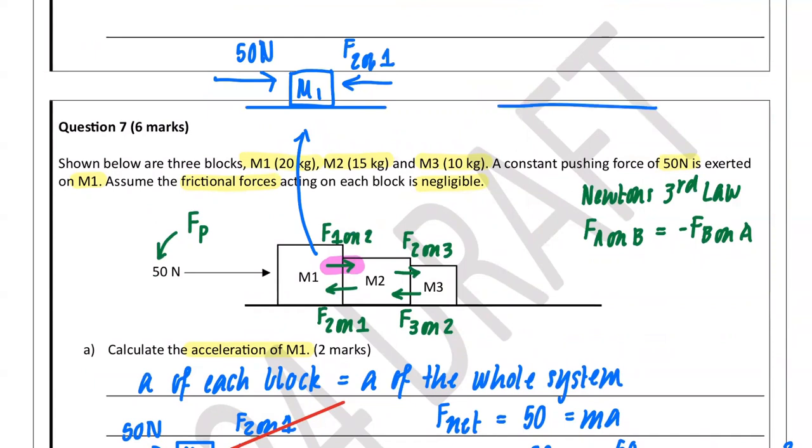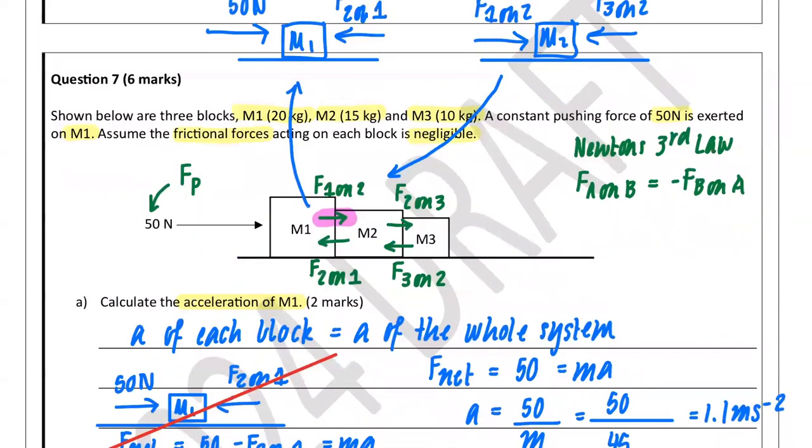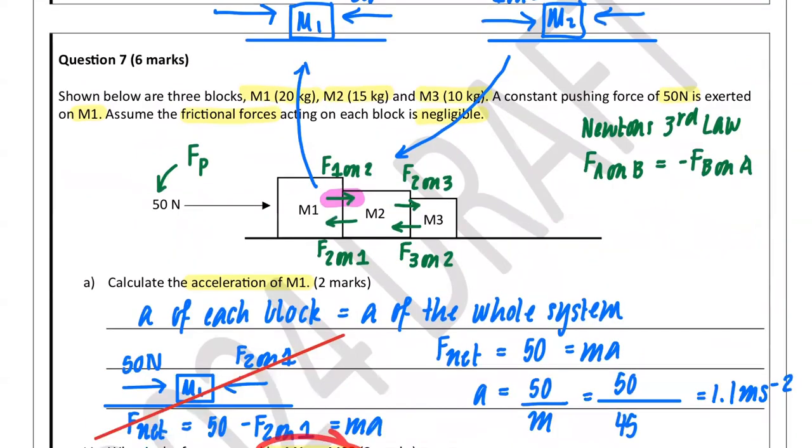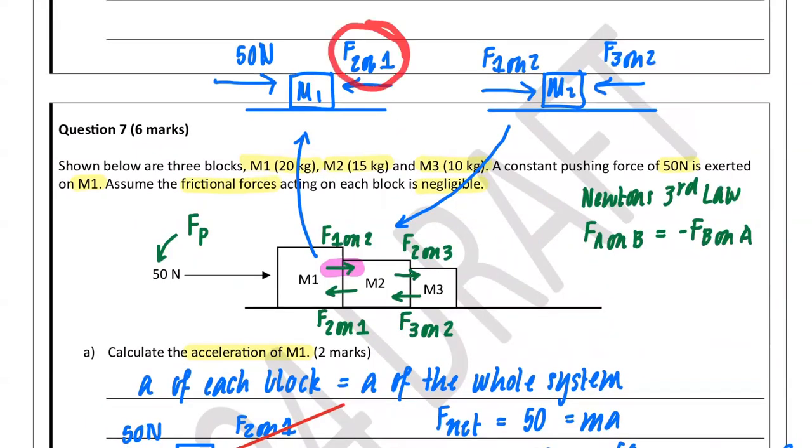And I could also isolate mass 2. So here I'll quickly draw it as well. In this case, we have the force of 1 on 2 and the force of 3 on 2. Now, the reason why we can isolate both, and find it using both, is that even though they've asked me for the force of 1 on 2, the force of 2 on 1 is the same magnitude.